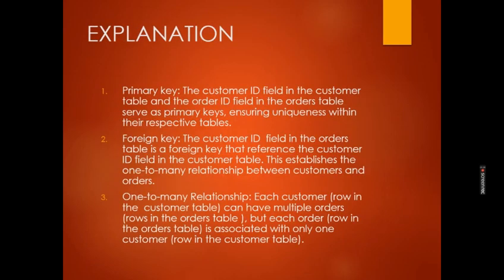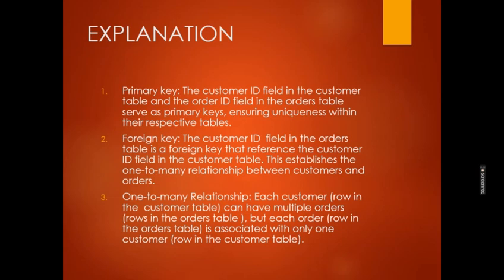Then if you go to the explanation of one-to-many, we see that for the primary key, we have the customer ID field in the customer table and the order ID field in the orders table. These serve as primary keys, ensuring uniqueness within their specific tables. We also have the foreign key. Under that, we have the customer ID field in the orders table, which is the foreign key that references the customer ID field in the customer table.